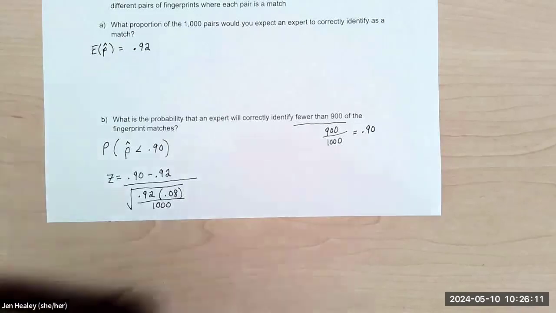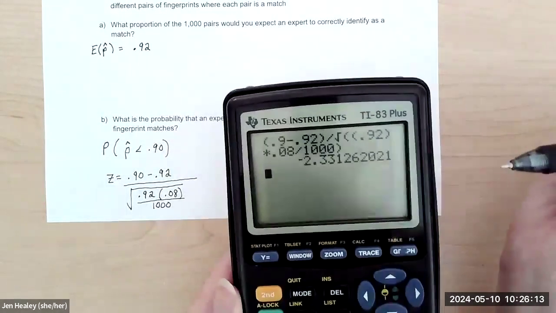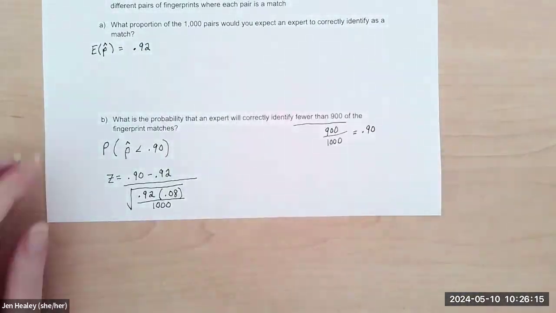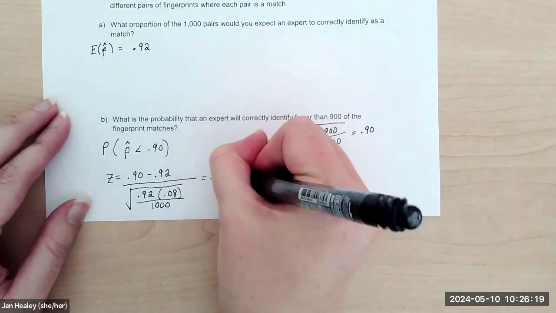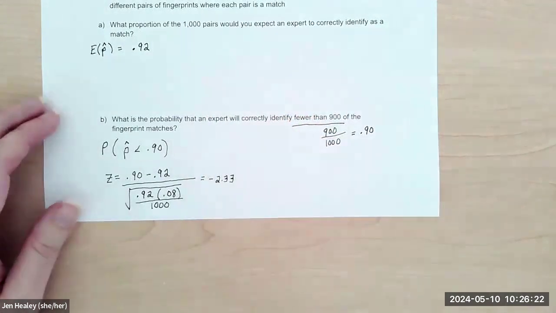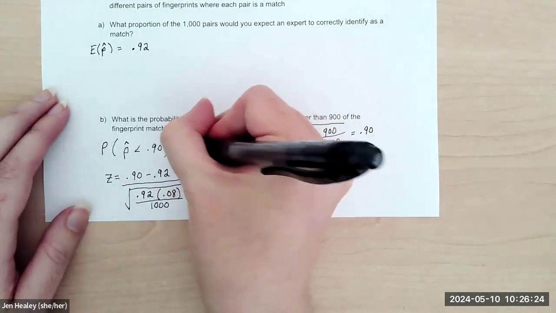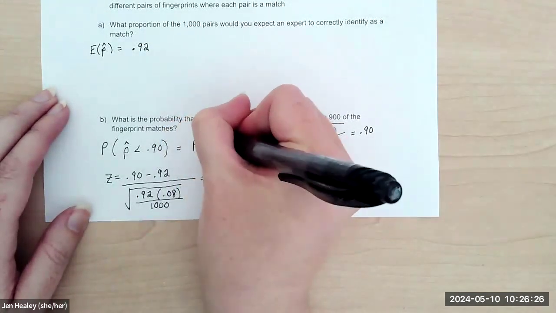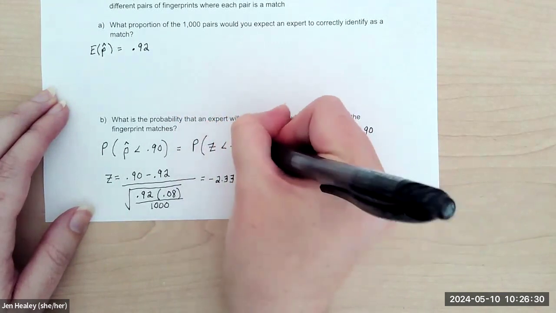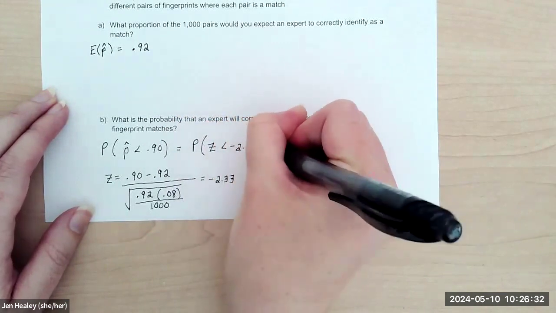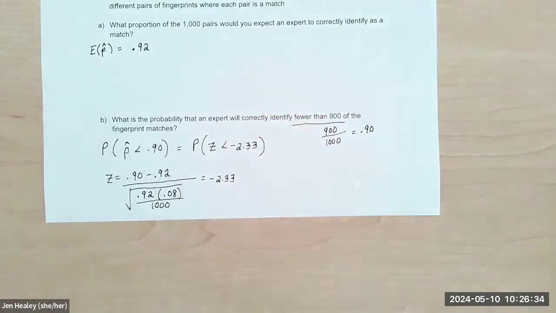Okay, I got negative 2.33 if I round it. So what this is really asking is what is the probability that z is less than negative 2.33? Now, my Whitener people, you can use the normal z table I gave you.